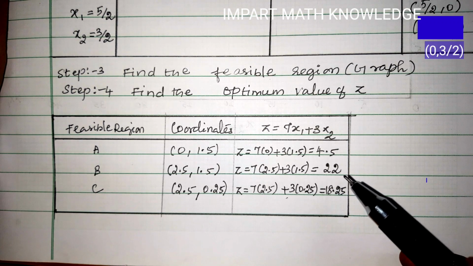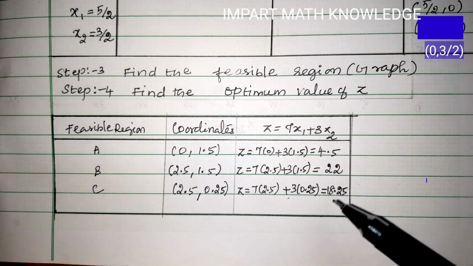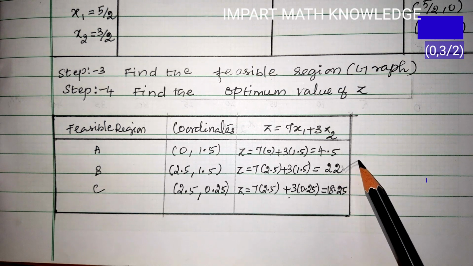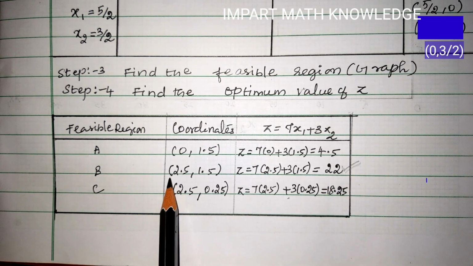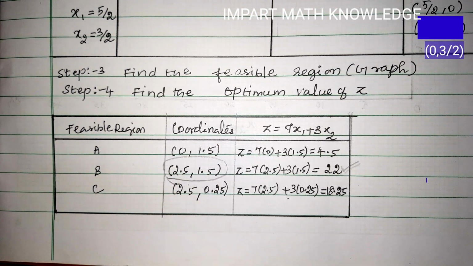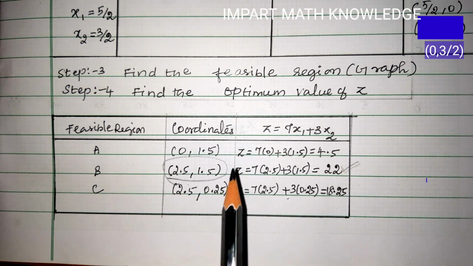Here the objective function is maximum, so you have to select the maximum value. Here the maximum value is 22. The corresponding coordinate is the optimal solution. Let me repeat. Here the maximum value is 22, so the corresponding coordinate 2.5, 1.5 is the optimal solution for this problem.